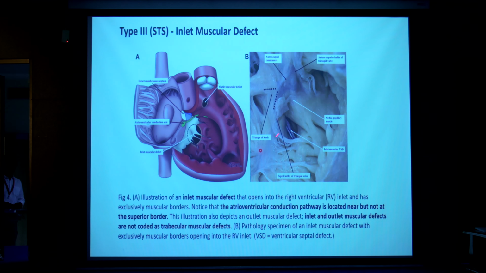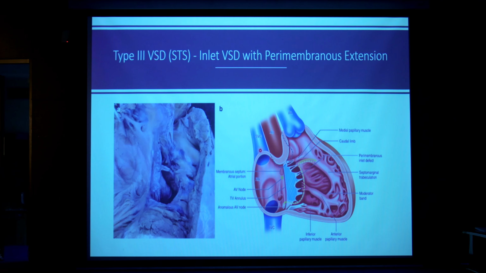That is the specimen, pathologic specimen there. And here you can see the triangle of Koch. That's where the node is, and the bundle traverses quite far away. So it is very unlikely that the bundle gets injured in this region. So this is the AV canal type which I was talking about.